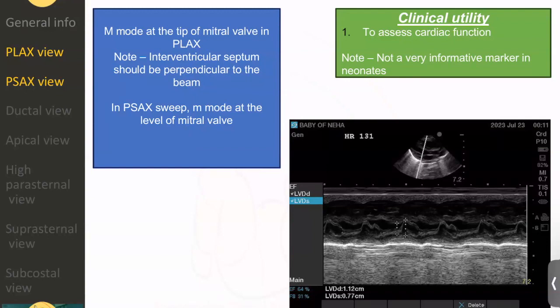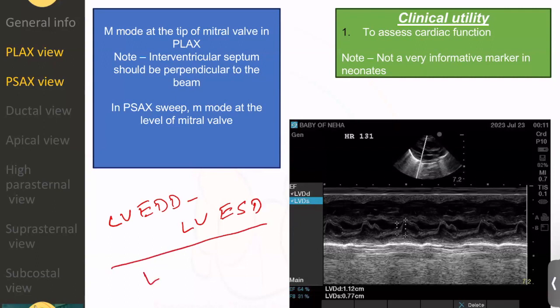It is how much movement the left ventricle is doing during the diastole and systole. If the muscle is good, then the difference between the left ventricular end diastolic diameter minus the left ventricular end systolic diameter, divided by the left ventricular end diastolic diameter.